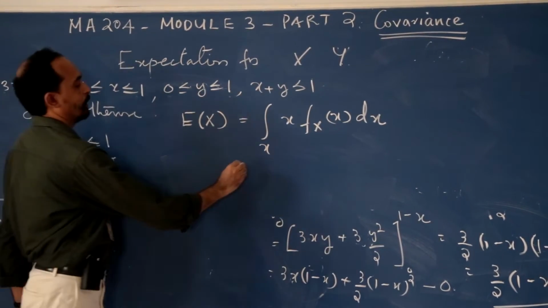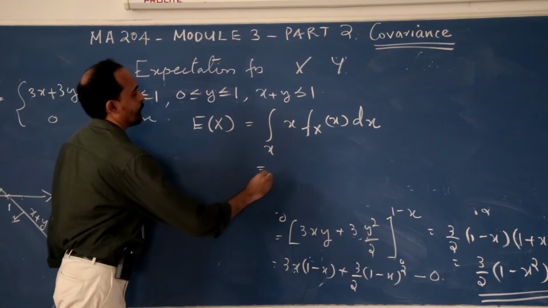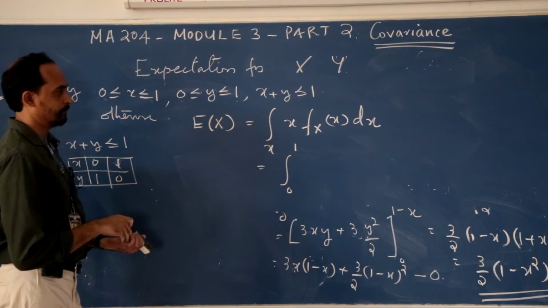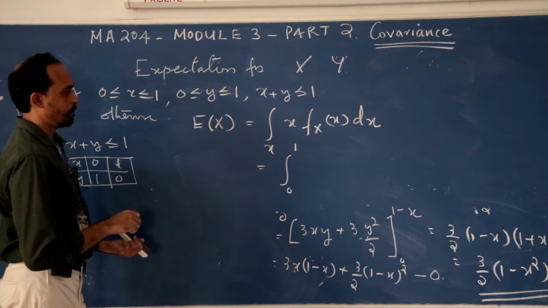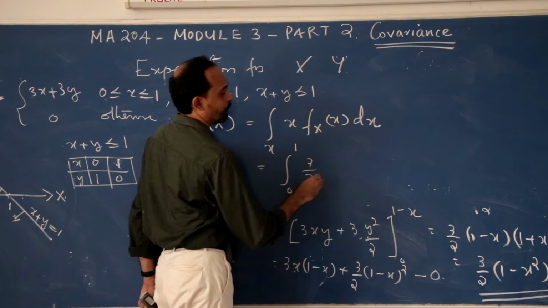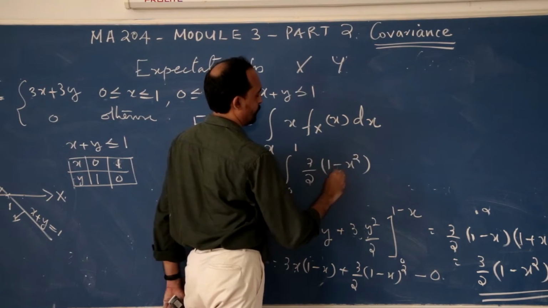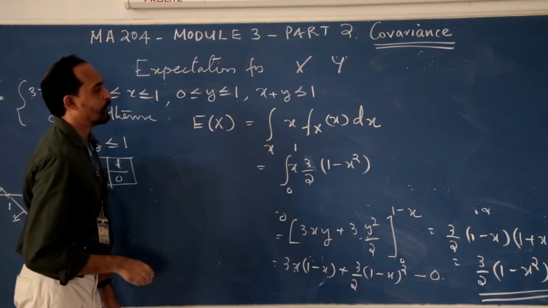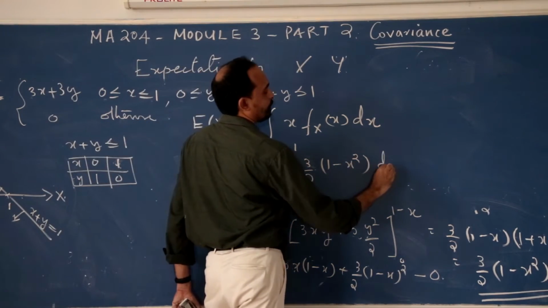That is equal to integral, x varies from 0 to 1, x into 3 by 2 into 1 minus x square dx.